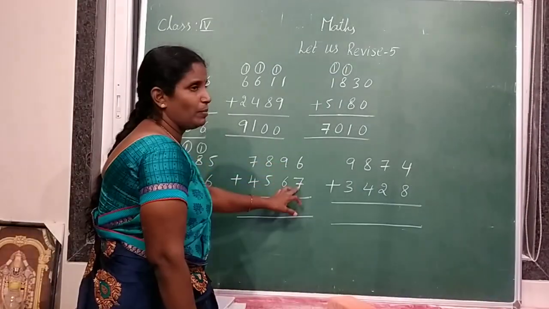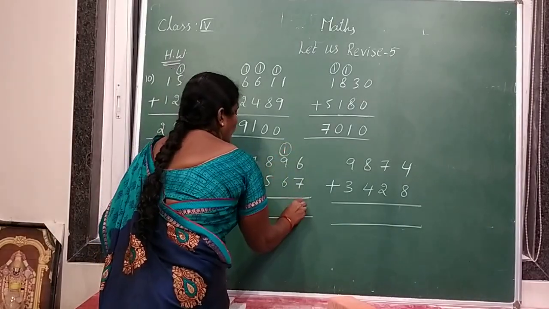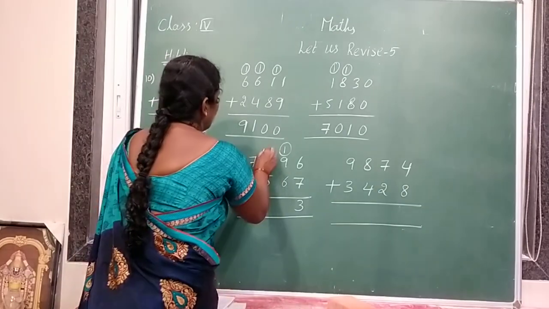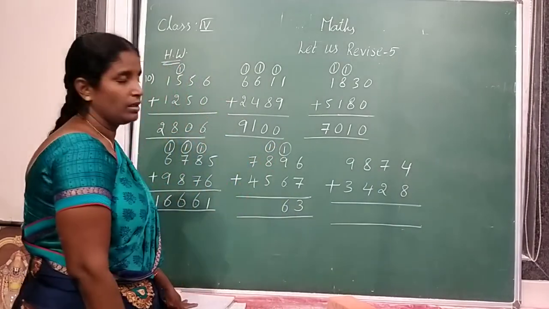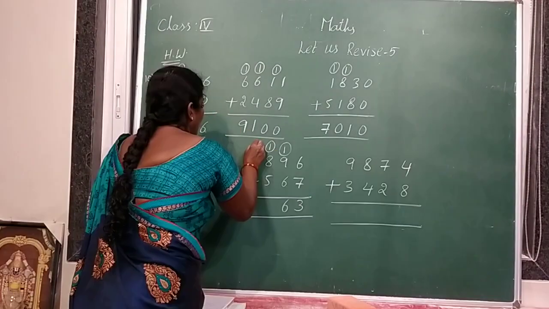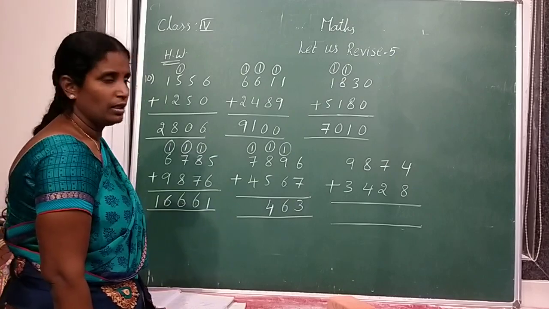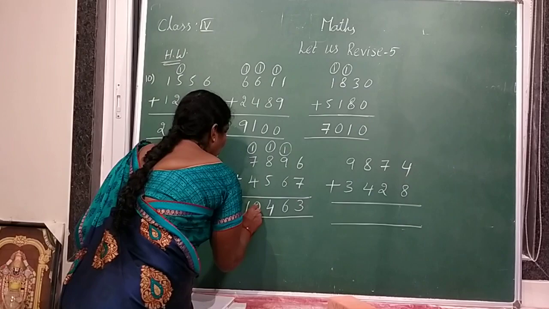Next, 6 plus 7, 13. 9 plus 6, 15 plus 1 is 16. 8 plus 5 is 13 plus 1 is 14. 7 plus 4 is 11 plus 1 is 12.